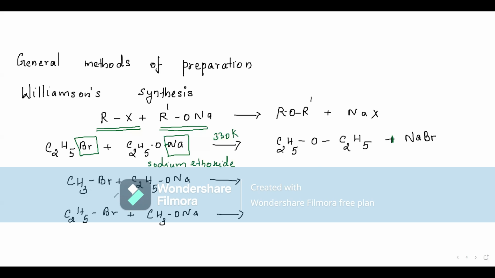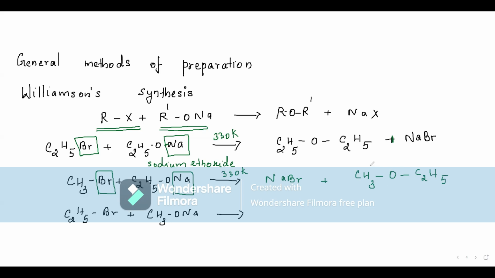Another method of preparation: methyl bromide is taken and it is treated with C2H5ONa. Br and Na are removed as NaBr, at the same temperature, around 330 Kelvin. Along with NaBr, we are getting CH3OC2H5.